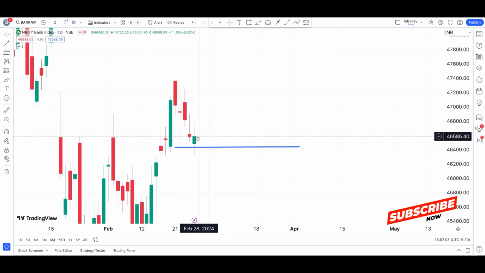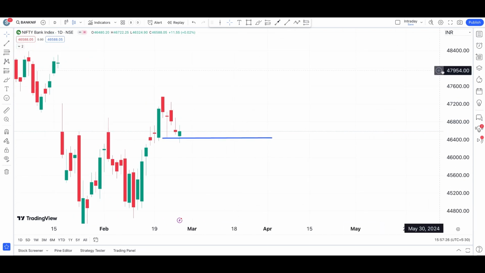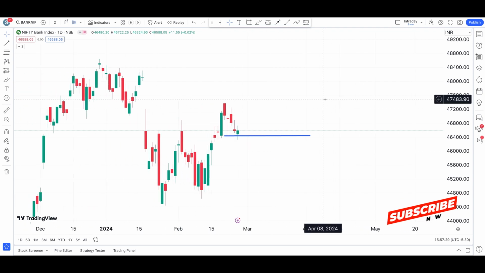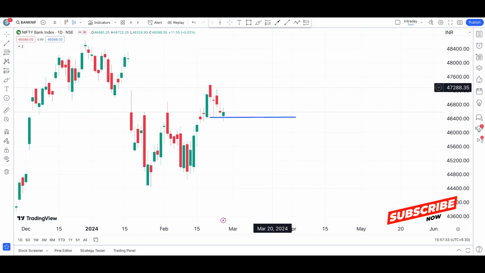But if you're seeing a small gap opening or anywhere at this level, then after a small reaction, even if you see a pullback, this level is looking strong, right? So from there you can expect the Bank Nifty to go towards the upper side, but don't take this as a solid rule set in rock. Okay, so wait for the swing highs and lows to form on your intraday charts, and then take action accordingly.